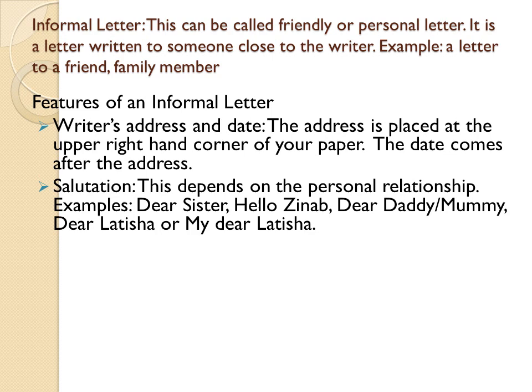The person writing the letter must always write his address. The address is placed at the upper right hand corner of your paper. The date comes after the address. We're going to take the address, the date, how to write them. But first, let's look at the general features.